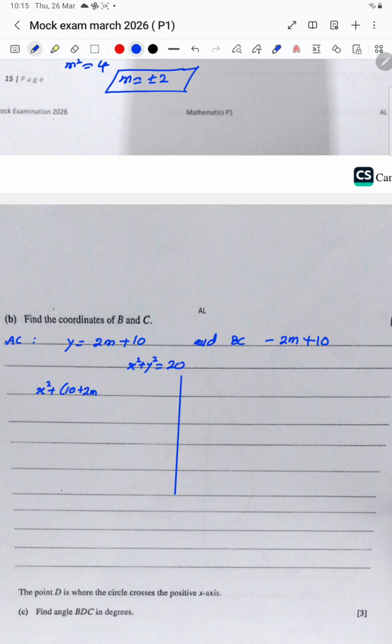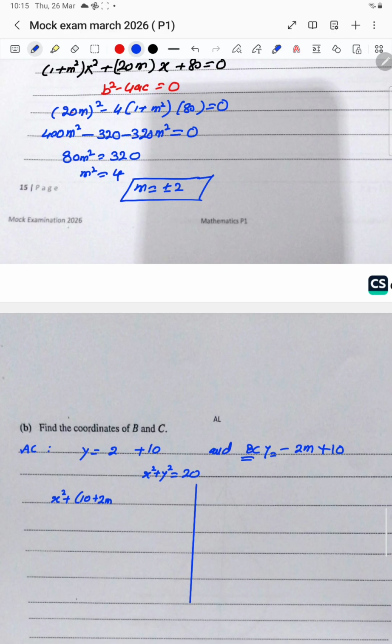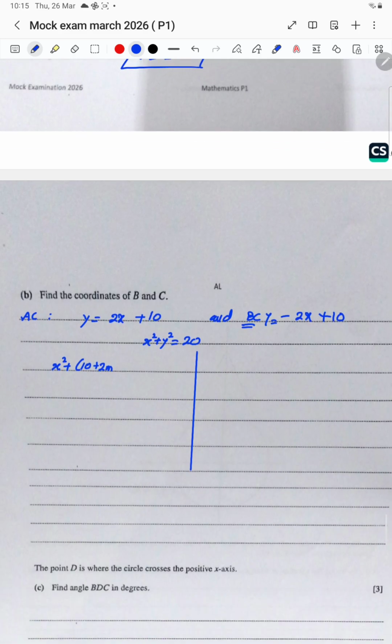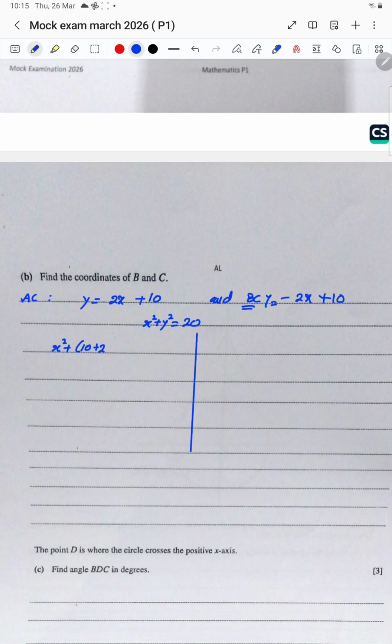Sorry, here I didn't write it. BC is y equal to 10 minus 2x, that is minus 2x m. I calculated m, so here x and here x as well. Okay, because in the earlier part I have found m, that is plus 2 and minus 2, so 2x square equal to 20, so x square plus 100 plus 40x plus 4x square minus 20 equal to 0, becomes 5x square plus 40x plus 80 equal to 0.